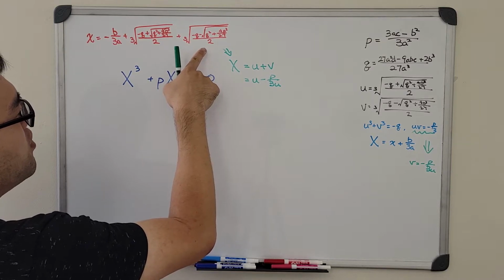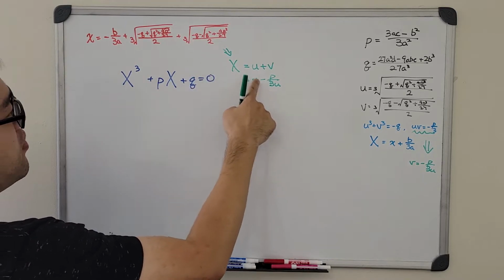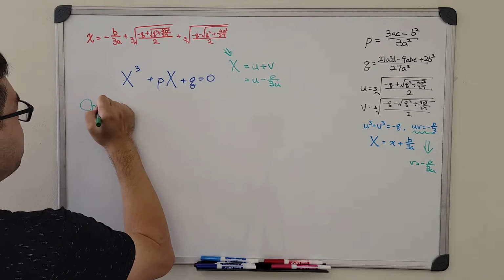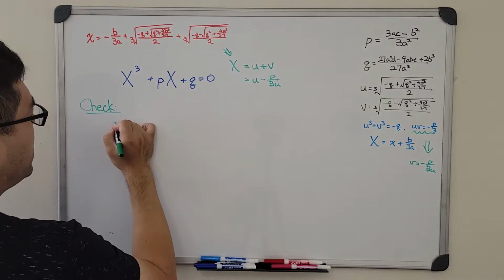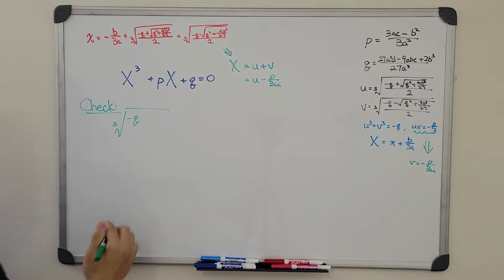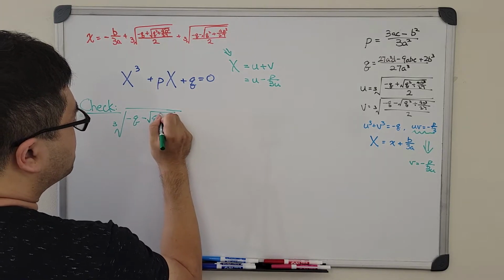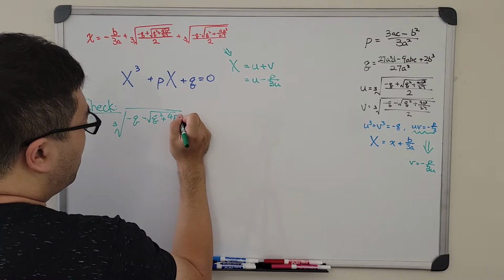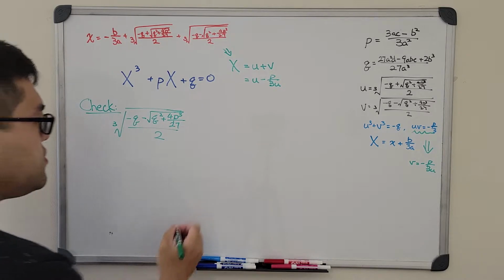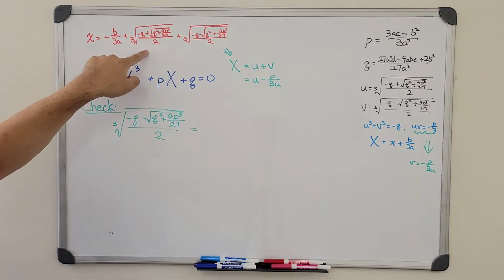So we want to show that v, which is the second term, is actually equal to the following expression, negative p over 3u. So we can just check it here. We have v, which is the cube root of negative q minus the square root of q squared plus 4p cubed over 27, over 2. So here we're going to multiply this with u over u, of course.